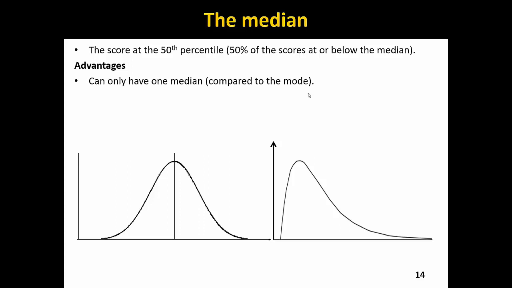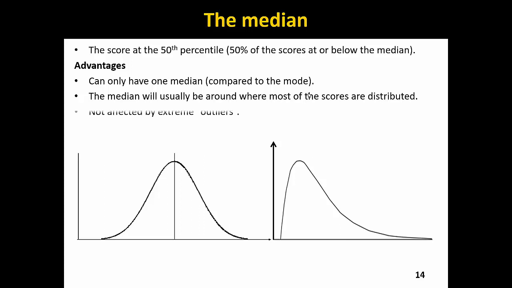There are some unique advantages to using the median. The first is that we can only have one median score in a distribution, as opposed to the mode where there can be multiple instances of scores that occur most often. The median will usually exist where most of the scores are distributed and becomes a very good reflection of the entire sample of scores.